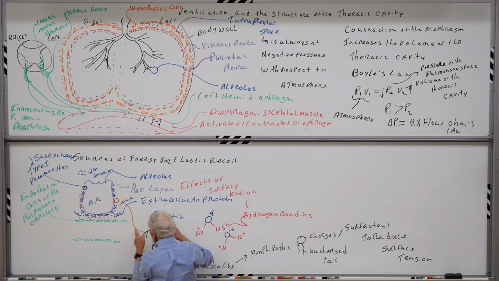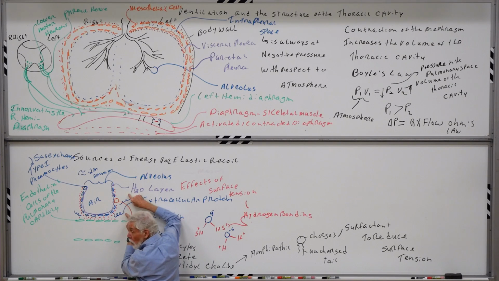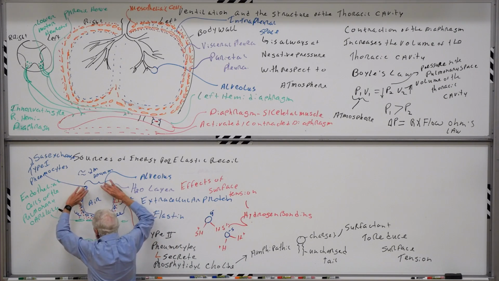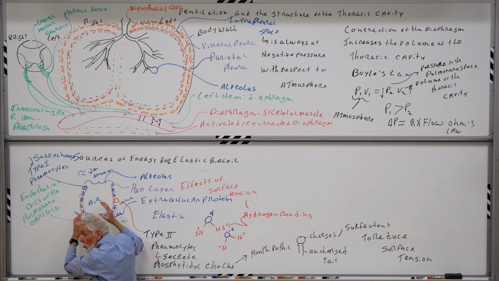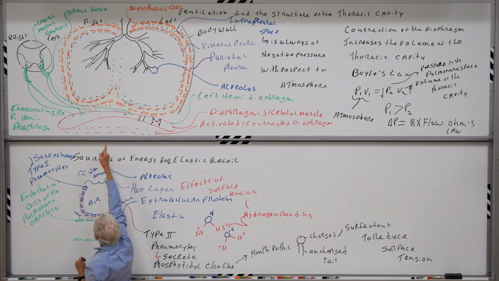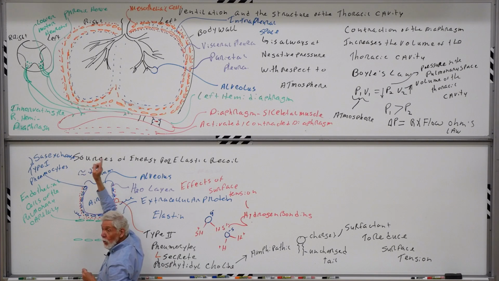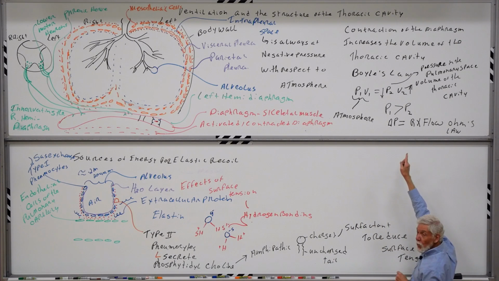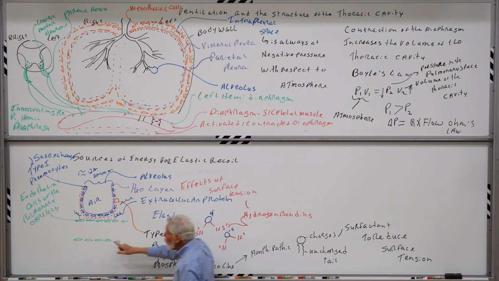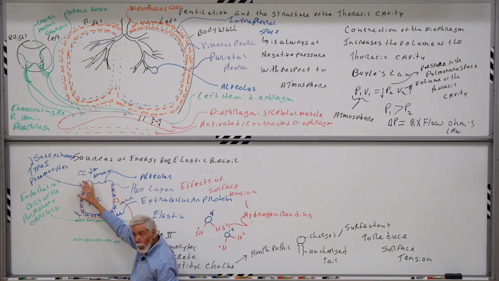So now the forces, some from the elastic recoil, and some from the surface tension of the fluid in the alveolar space, begin now to bring back these structures to their original position, and thereby bring the volume of the whole lung back to its original volume. So we now go back to the original state of P2V2. And we use this elastic recoil to force the air out of the lung. It's all passive.